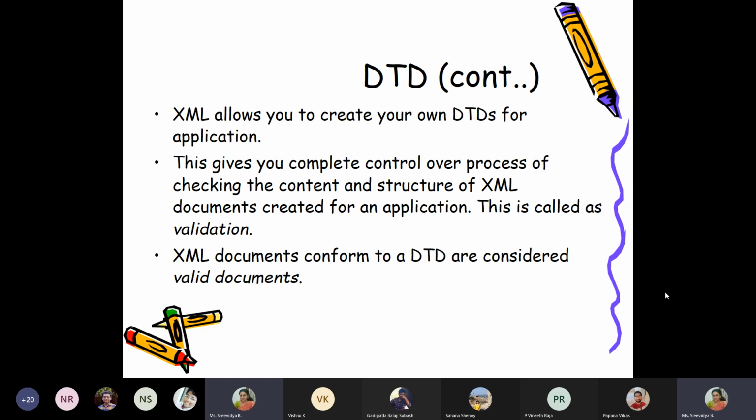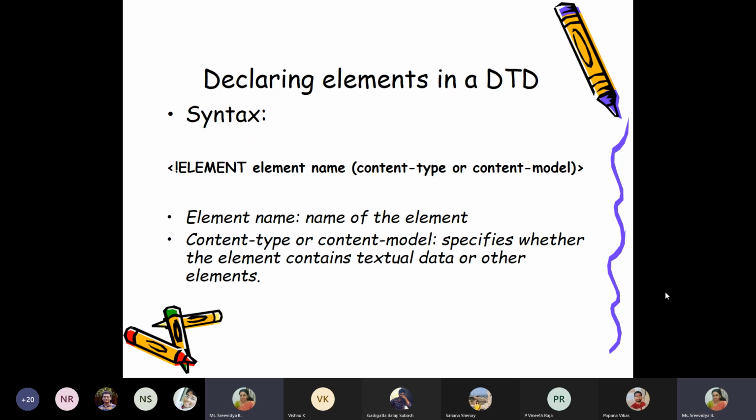And if an XML document follows the DTD properly, we will call that XML document a valid XML document. Valid XML document means that XML document is following the DTD you have specified. Structure-wise, it is correct. That's what the last point says. XML documents that conform to a DTD are considered to be valid documents.